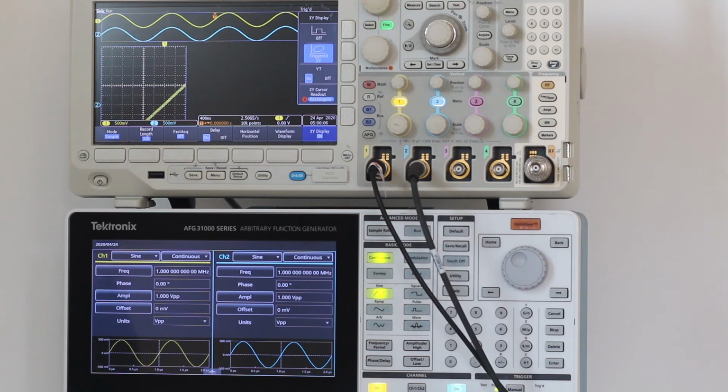As you can see, the Lissajous figure for two in-phase sine waves of the same frequency and amplitude is a diagonal line going from the bottom left to the top right in the fourth quadrant. Now let's change the phase of the sine wave connected to channel 1. Keep your eye on the time domain display also.